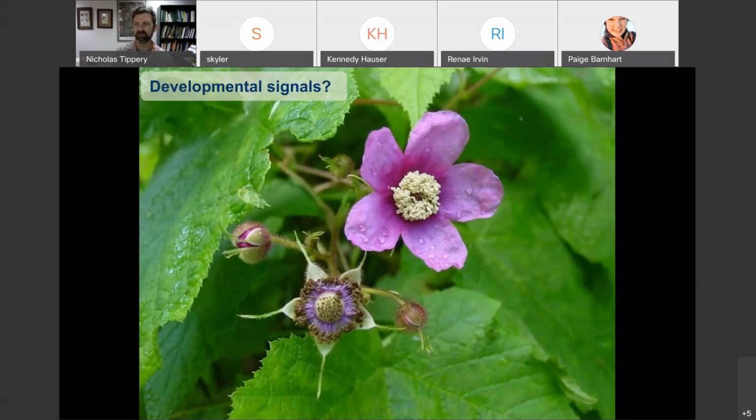Some of that signal could be involving hormones as well. The plant produces a flower, the flower opens. A little bit different signal. This flower then switches gears. The petals fall off. The stamens shrivel up. The ovaries develop. Seeds develop.